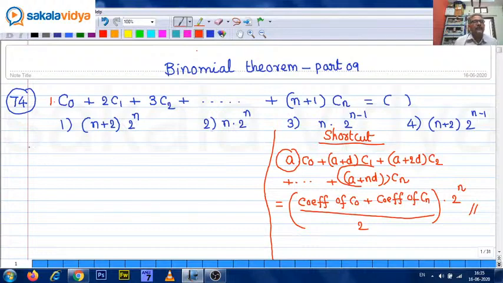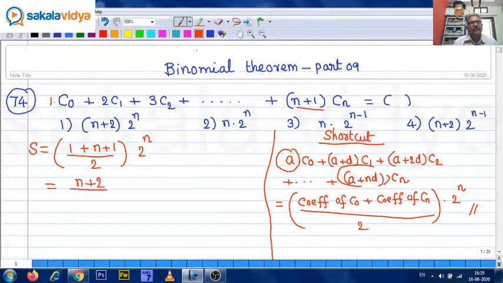So that's why if you say this summation value S, coefficient of C naught is 1 plus coefficient of Cn is n plus 1, upon 2, multiplied by 2 power n. This we can write n plus 2 upon 2 multiplied by 2 power n.